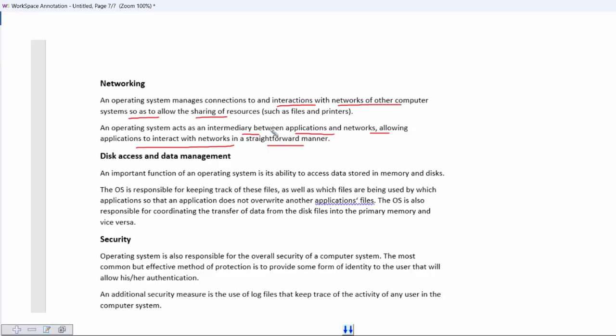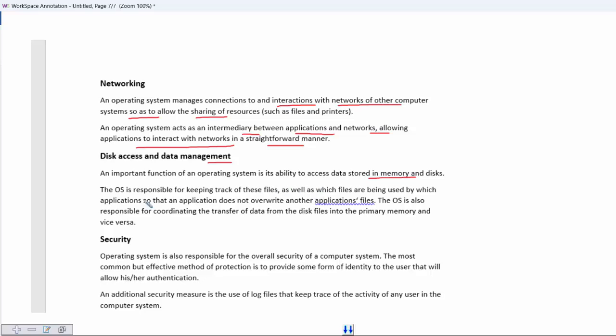And after that, the next function is disk access and data management. An important function of operating system is its ability to access data stored in memory and disk. The data are stored using files which are structured so as to make better use of space available to the system as well as to provide reliability and fast access times.